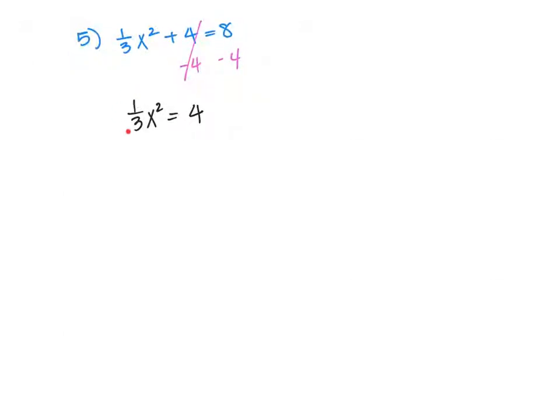Now I have to get rid of this 1/3. So to get rid of a fraction, I can multiply by the reciprocal. The reciprocal of 1/3, reciprocal just means to flip. So if I flip this, this would be 3/1, and I multiply, and that actually allows me to cancel out the 1/3.